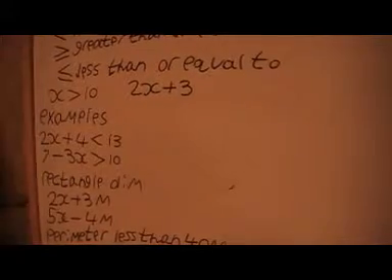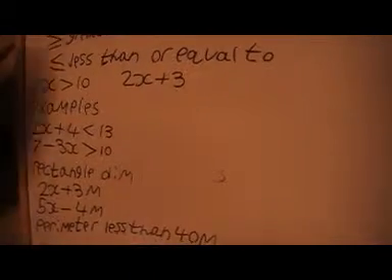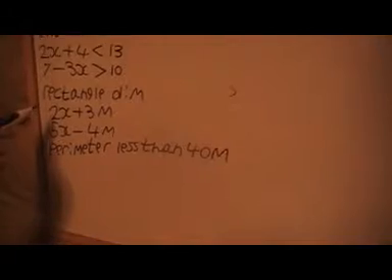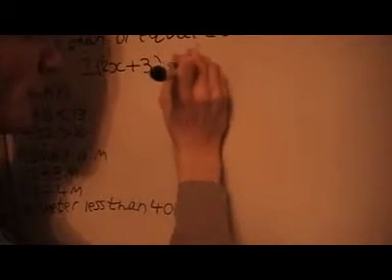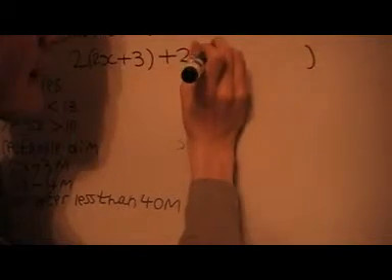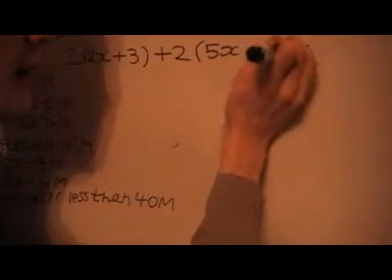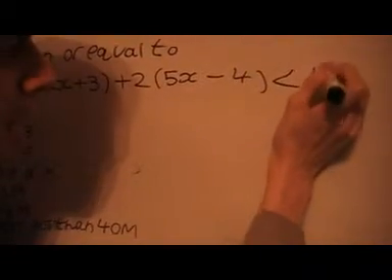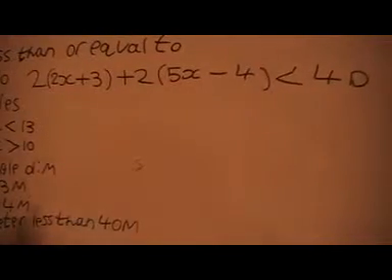Now, we'll look at the perimeter first. And the perimeter for that's going to be 2 times this dimension plus 2 times the other dimension. And we want that less than 40. So we can simplify that a bit.